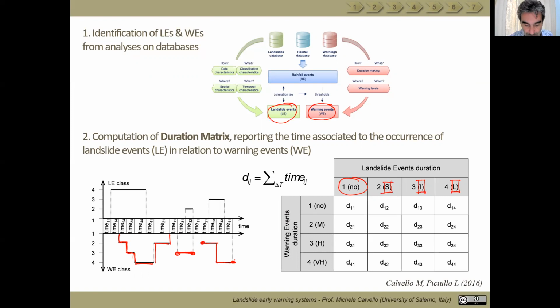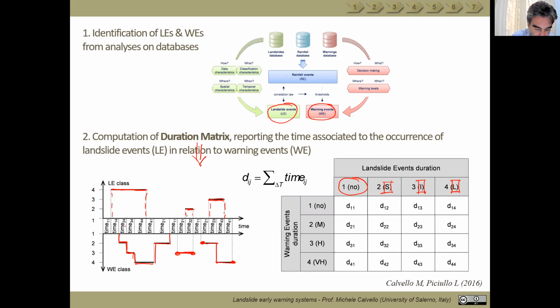The idea of the duration matrix is to check the time when you have a large landslide event, or a small landslide event, or an intermediate landslide event, together with what your warning model is producing.